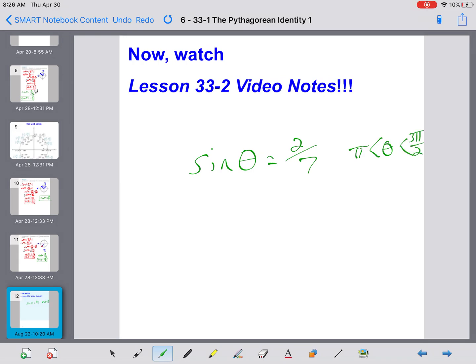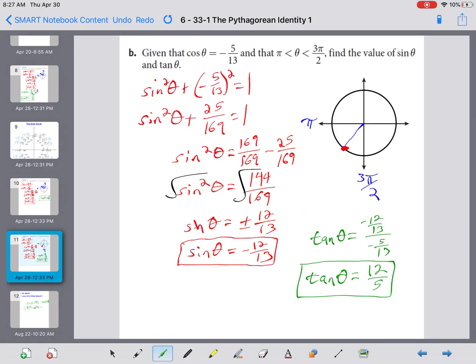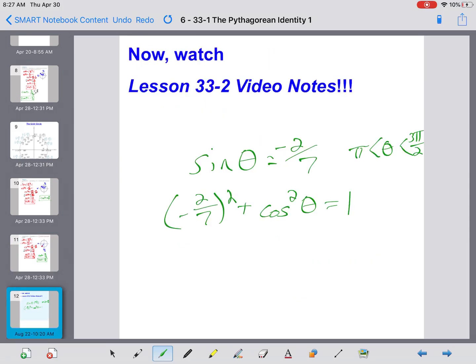I have to tell you the quadrant. In that case it would have to be a negative sine. So it's the same process. You would just plug in negative 2/7 for sine, and cosine squared of theta would help you find the cosine ratio. So you would just solve for the cosine of theta. I didn't realize none of the 3 examples started with a sine ratio, but it's the exact same technique.